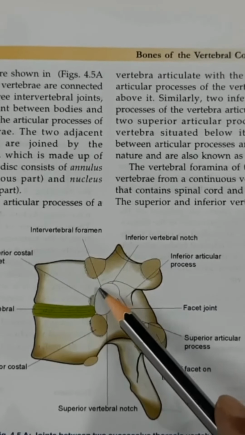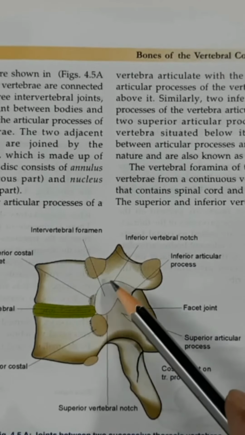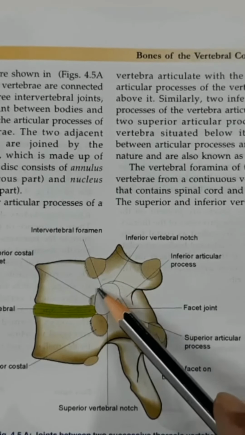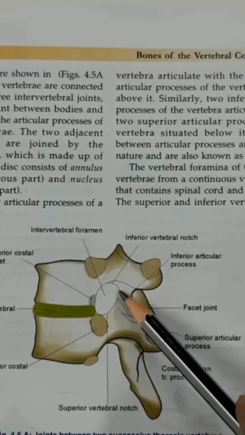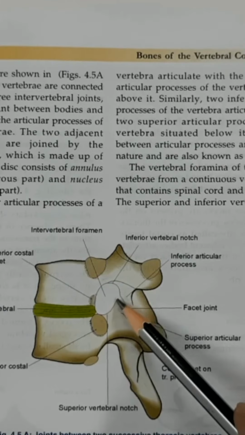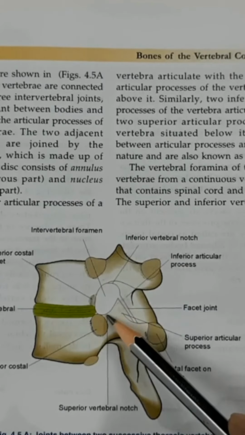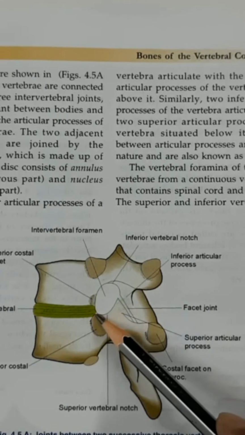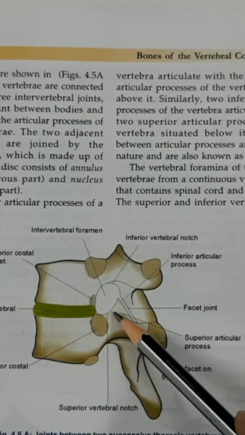Now this is formed by the posterior surface of the upper body, then the intervertebral disc, then the inferior surface of the pedicle, then the lamina, then the inferior facet and superior facet, and thus they form the facet joint here. And then it is the superior articular facet, and that is the superior surface of the pedicle, the lower pedicle.